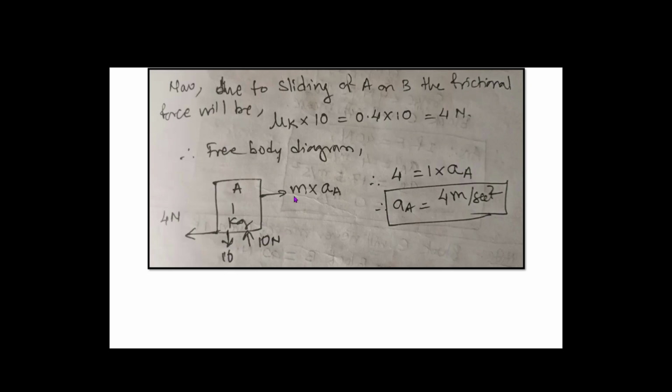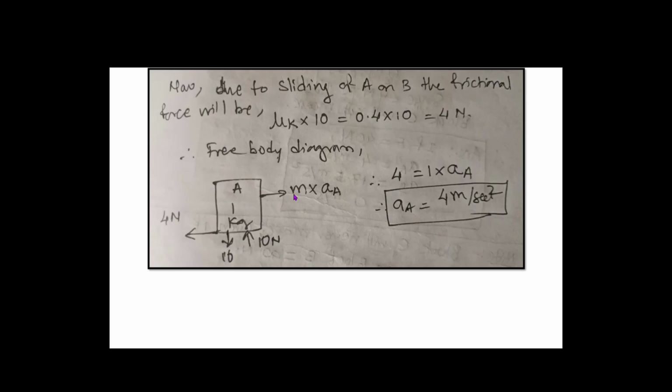And you will see this FBD, and the maximum acceleration which block 1 or block A with 1 kg mass will experience is equal to 4 meter per second square. Because the moment this block starts sliding, only 4 Newton is the force which is acting on this block.